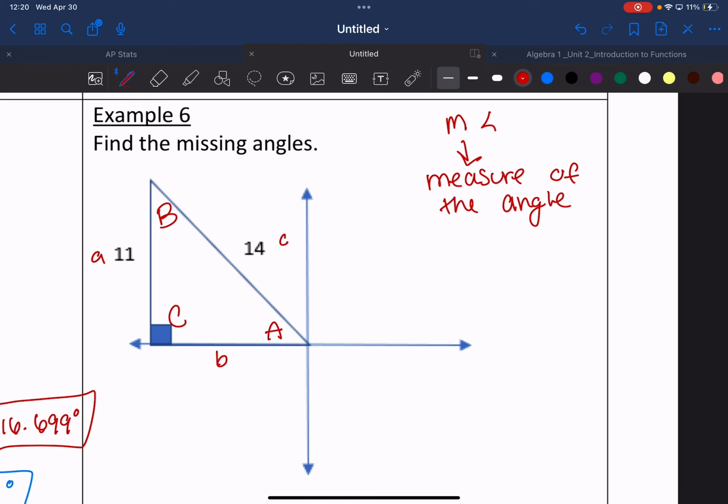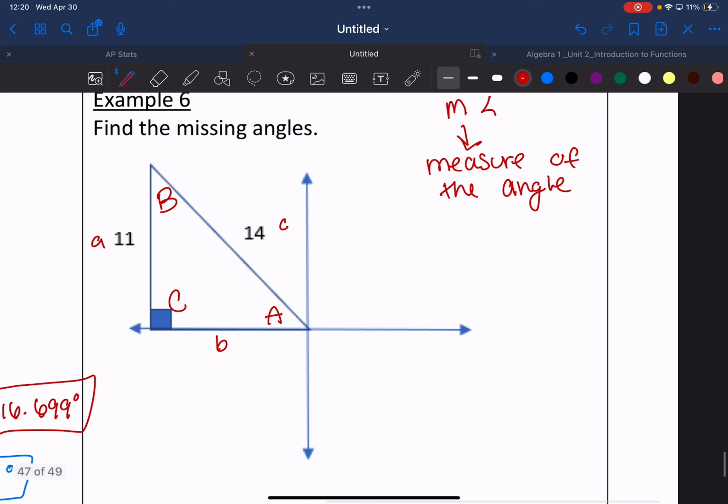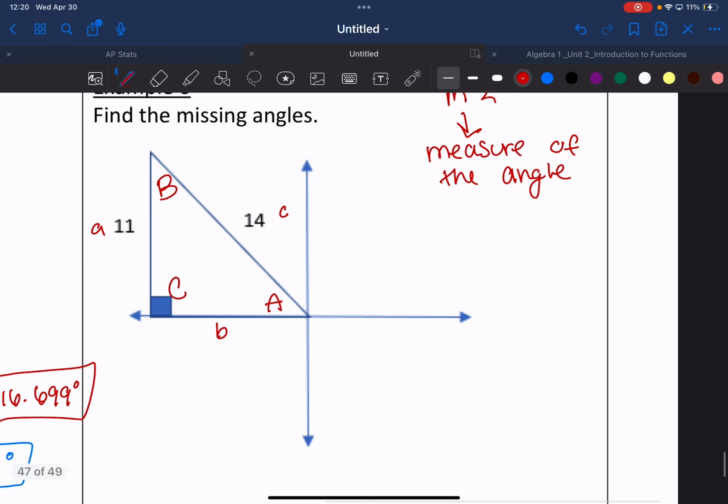Now continuing and solving this problem, we labeled everything. Let's try to do something a little different and find B first instead of finding A. Looking at angle B, we know that we have the hypotenuse, which is 14, and we also have 11.